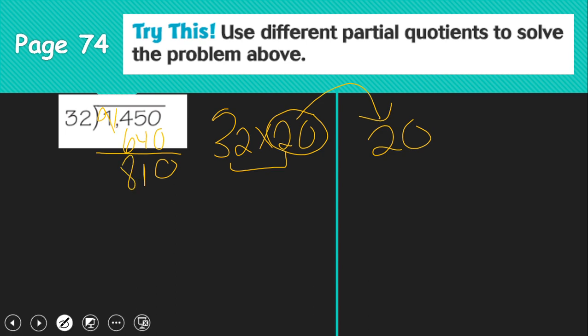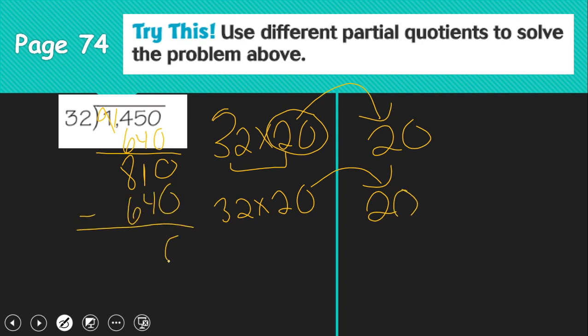And then I have 810. Now I'm going to do another 32 times 20. And I'm going to track it over here because I know 32 times 20 is 640. And I'm going to go ahead and subtract that. Take away my 8, borrow from my 8. 170. Nice.